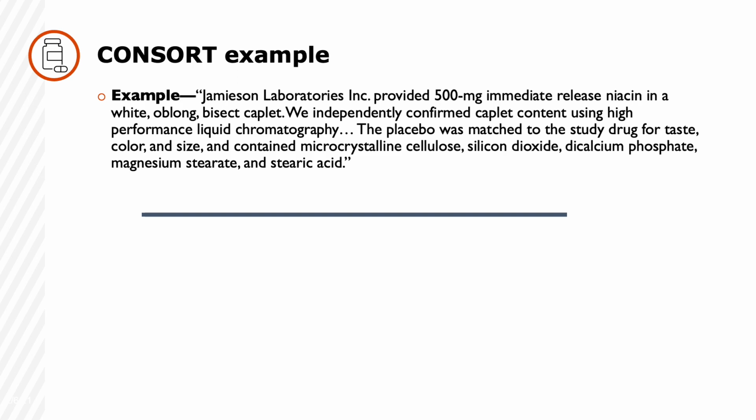Let's consider this example provided by the CONSORT group. Jamieson Laboratories Incorporated provided 500 milligram immediate release niacin in a white oblong bisect caplet. We independently confirmed caplet content using high-performance liquid chromatography. The placebo was matched to the study drug for taste, color, size, and contained microcrystalline cellulose, silicon dioxide, dicalcium phosphate, magnesium stearate, and stearic acid.